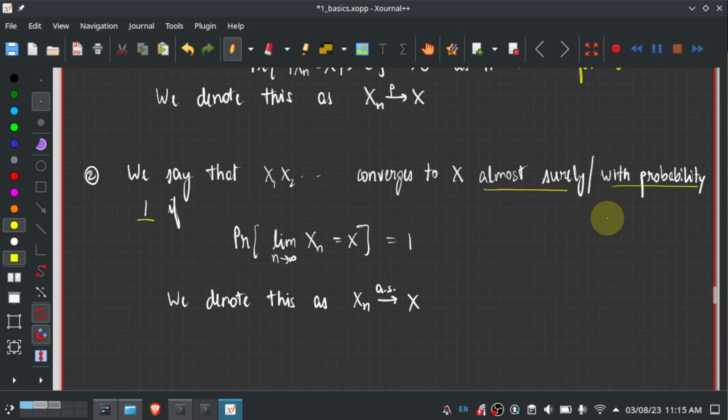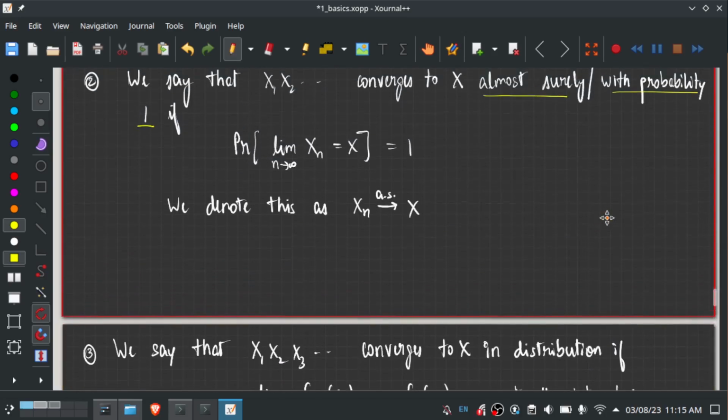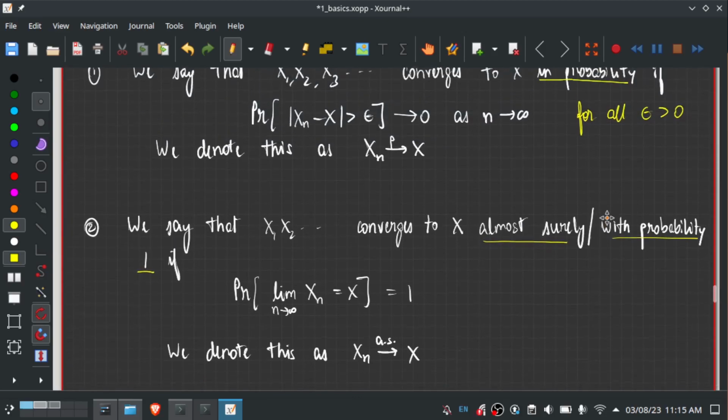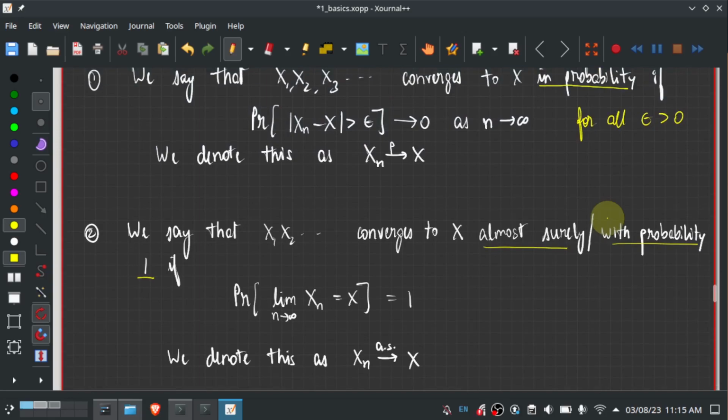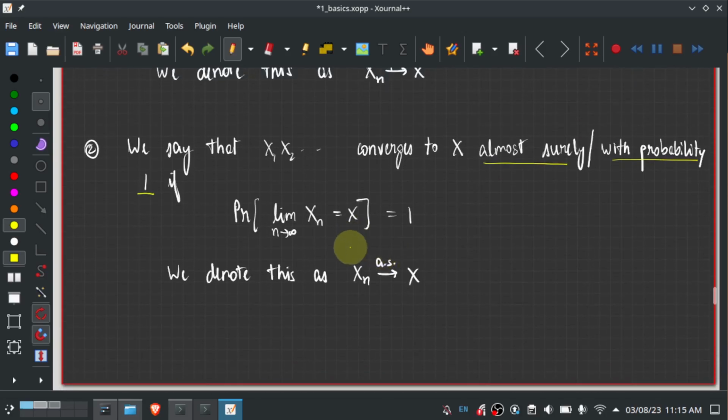We just treat them as definitions for now, before we understand what is really going on, what is the subtle difference between these. Can you write it in the same manner as convergence in probability, with some epsilon? Correct, with |Xn minus X| less than epsilon, with the limit inside the probability, and that is equal to 1.